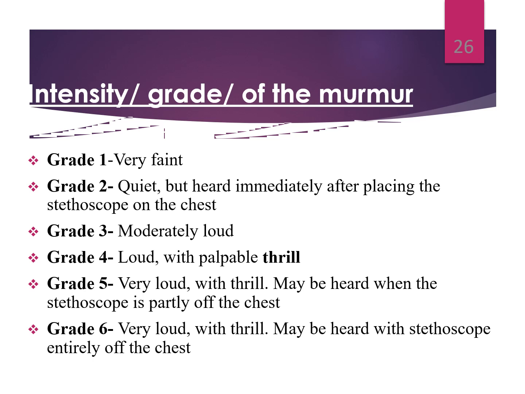Grade 4 is a loud murmur with palpable thrill, whereas grade 5 is very loud with thrill and might be heard when the stethoscope is partly off the chest, whereas grade 6 is very loud with thrill and might be heard with the stethoscope entirely off the chest. So to grade a murmur, we have to check for a thrill first during the palpation part. Without examining for a thrill, we can't grade a murmur.